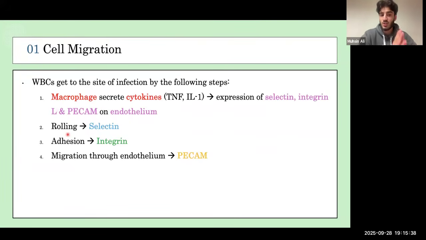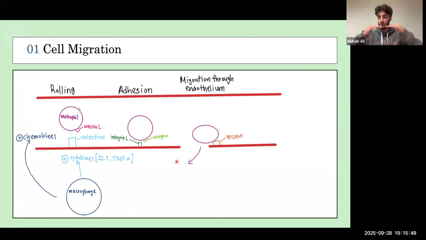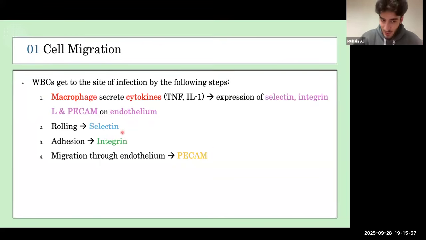So you need to be able to associate rolling with selectin, adhesion with integrin, which is again another protein that is expressed by your cytokine. And then lastly, the migration through the endothelium, the slit that we formed before, in order for the neutrophil to go from the blood vessel into the tissue by your PCAM. So again, just to quickly summarize, rolling is by selectin, adhesion by integrin, and migration through the endothelium so it can go into the tissue by your PCAM. Is that clear?